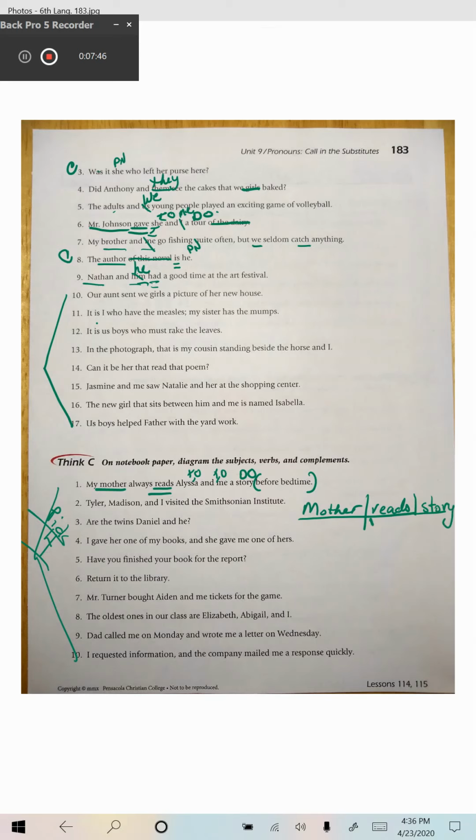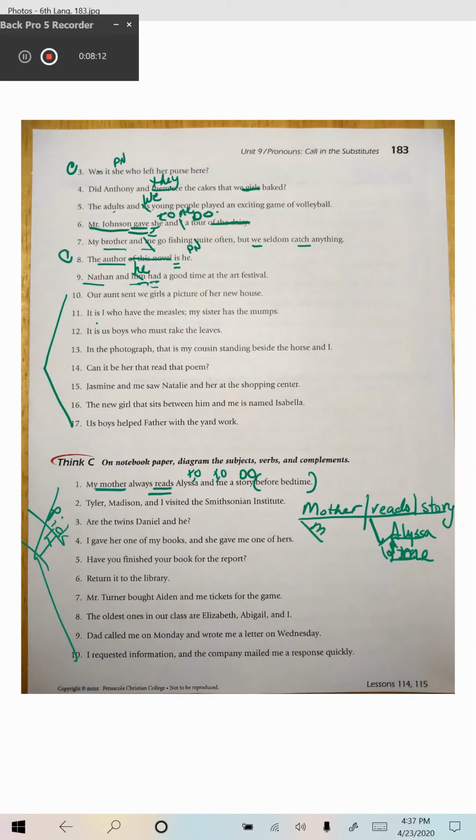She reads it to, you got 2 people here, so we got to break it up. Alyssa, me. I was like, that's not good English. Do we have to fix it? All right. So that's what you have to diagram.